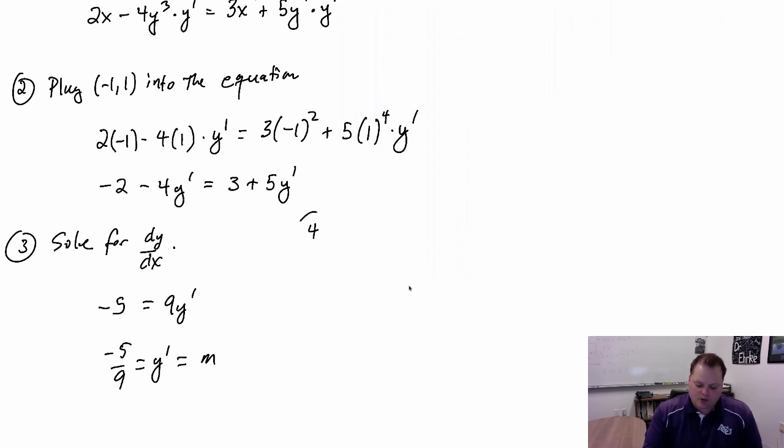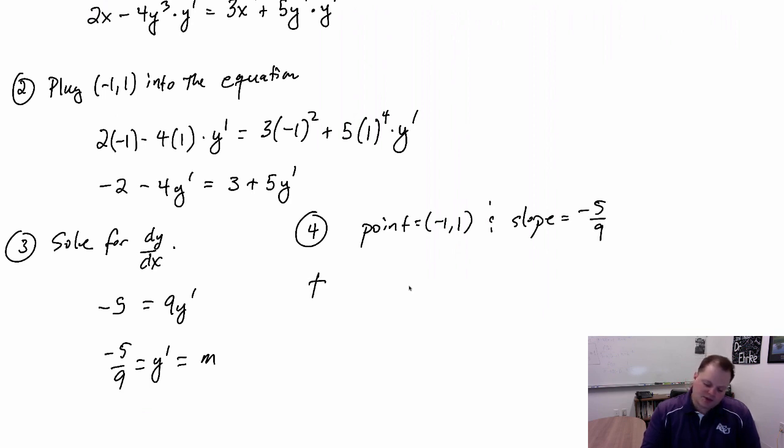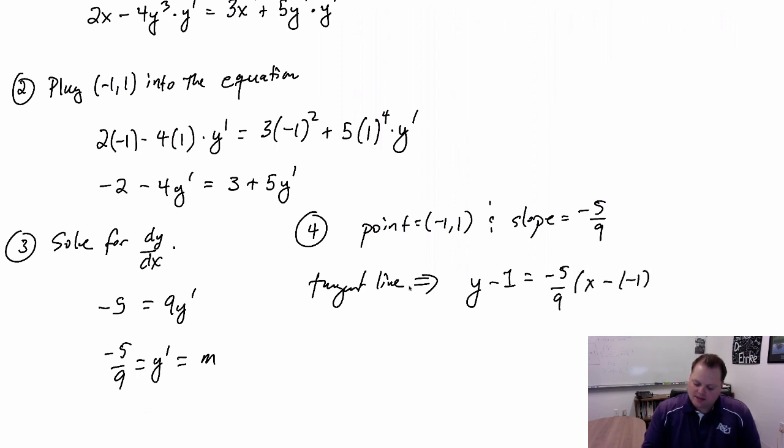So step 4, you've got a point, negative 1, 1, and you have a slope, which is negative 5/9, which means that our tangent line is y minus 1 equals the slope times x minus negative 1.